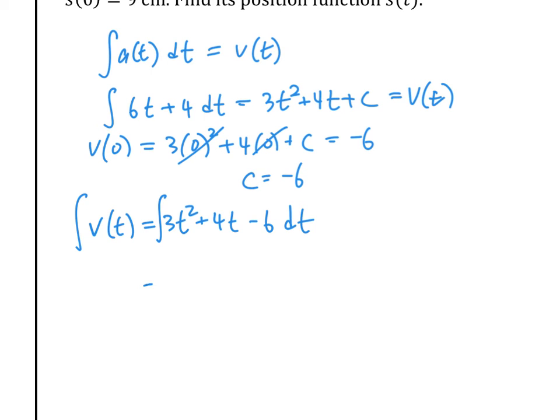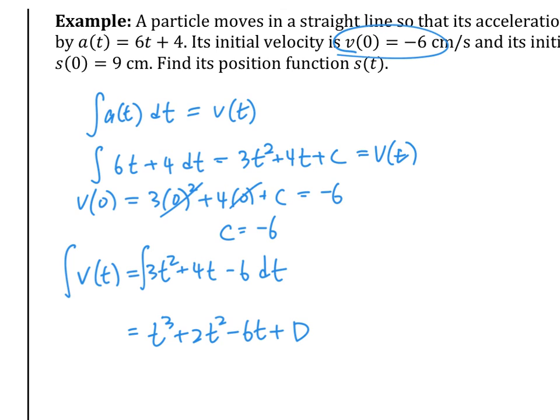Okay, let's just finish this question together. So we're going to get t cubed plus 2t squared minus 6t plus, I'm going to call it a different variable because I already used c, d. And then I have to figure out what d is. Now, it tells us that s of 0 is equal to 9.